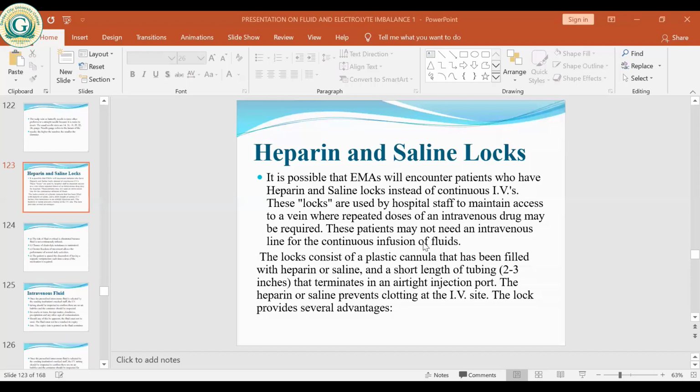Those that you have seen on the ward, especially when patients are to receive intermittent infusions, and you see that he has to receive, for example, Cipro infusion and Flagyl infusions, morning and evening, and you give the morning one. What do you do to the cannula which is in situ?